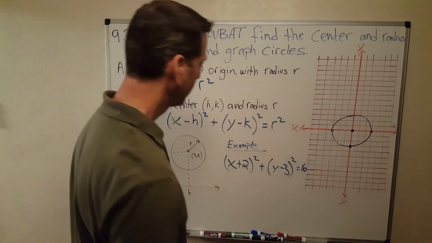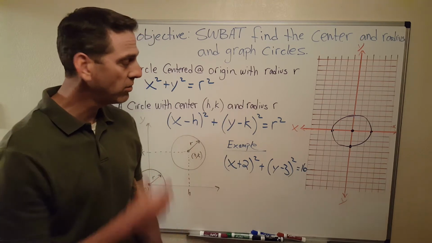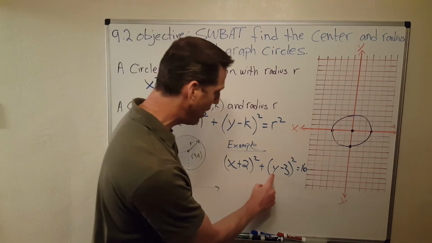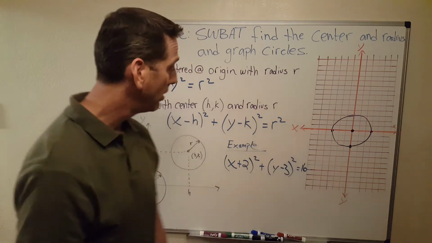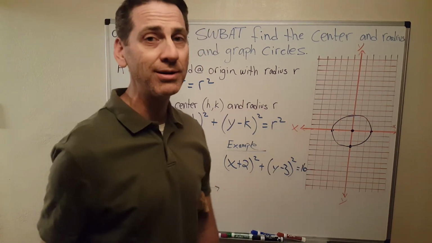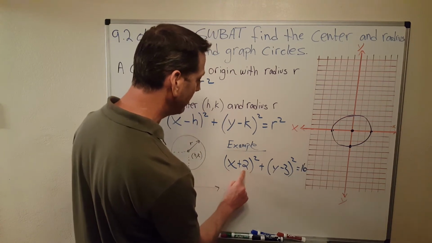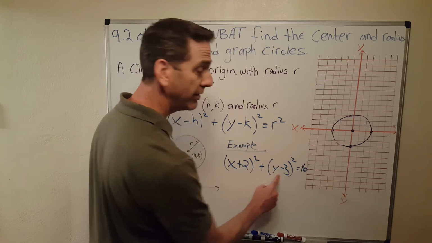I'm looking at this, and I know this is not a parabola, I have a y here. This is a circle. I think, okay, this is not going to be centered at the origin because I have this horizontal shift and I have a vertical shift here.